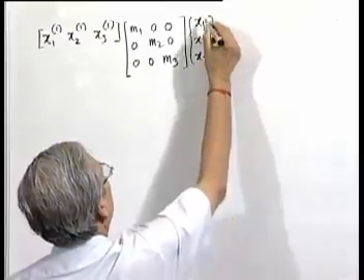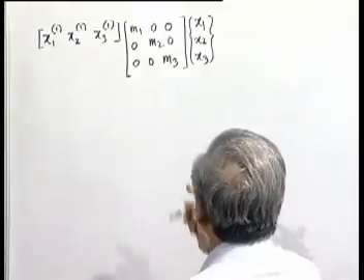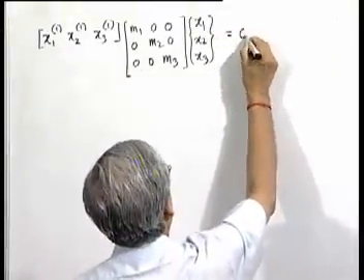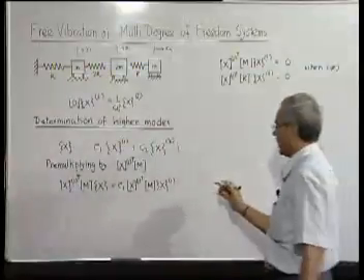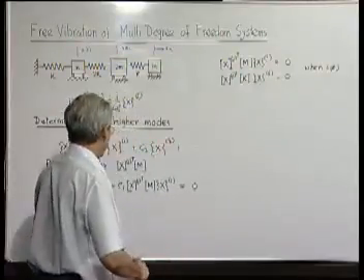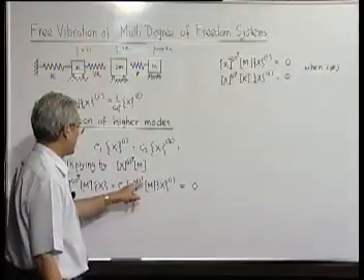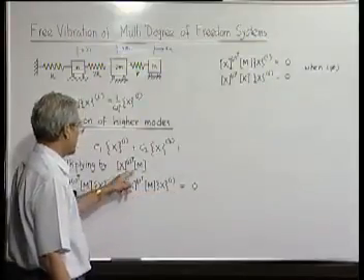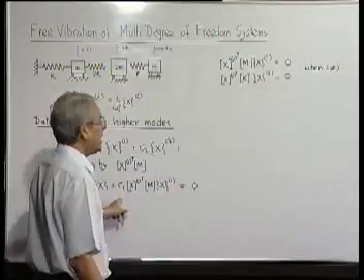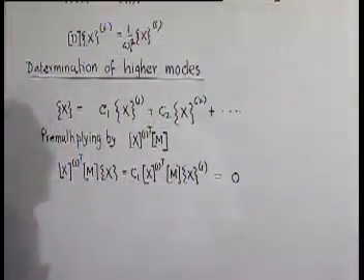When I am not putting any superscript, it means it is not actually a mode. Whenever it is a mode, it is there. So this is equal to 0. That is what we are saying: if I make this equal to 0, since this is not 0, because when both are there, this is nothing but the generalized mass, which is not 0. It can be 0 only if C1 is 0. Therefore, putting this equal to 0 means C1 is becoming 0.